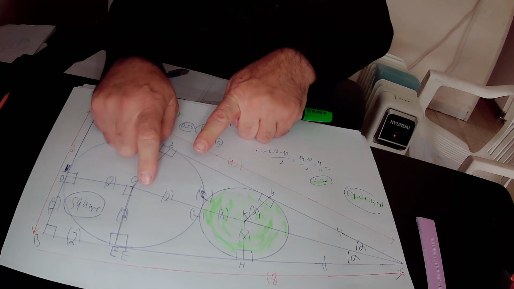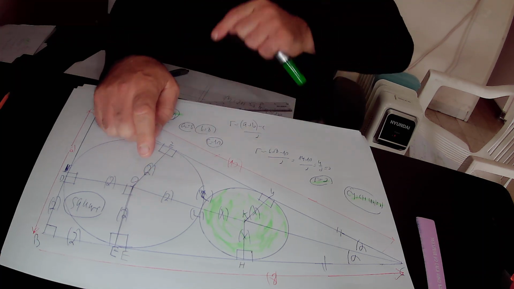So those two right big triangles can go into each other.